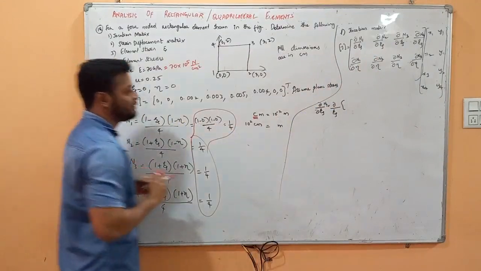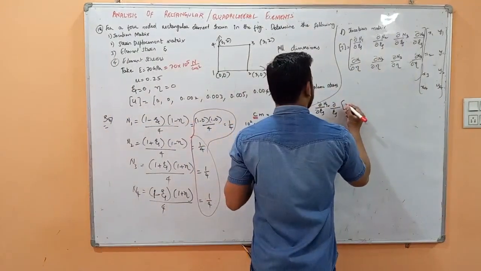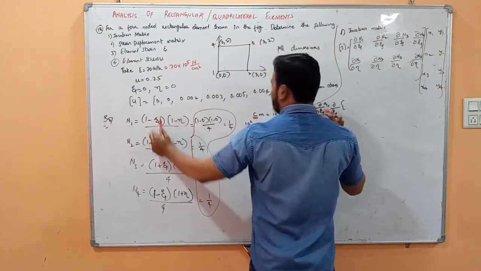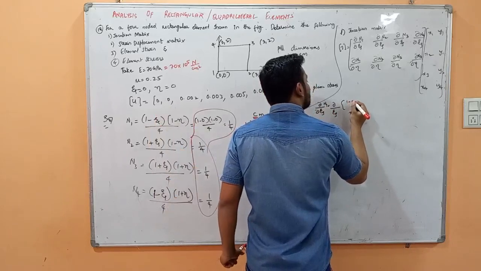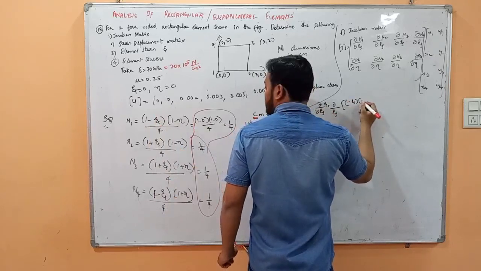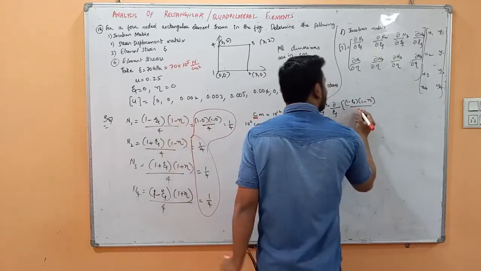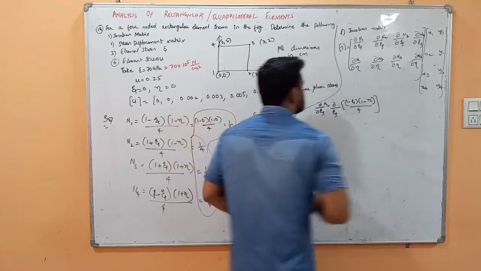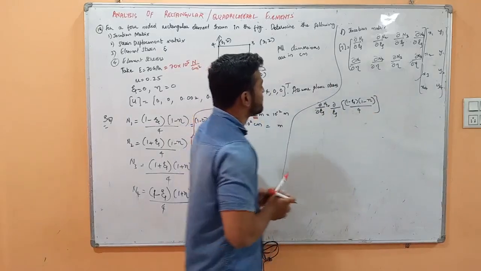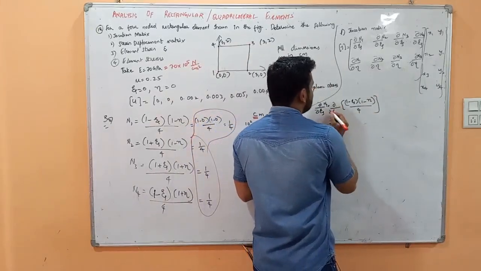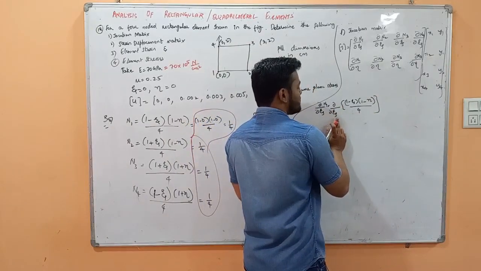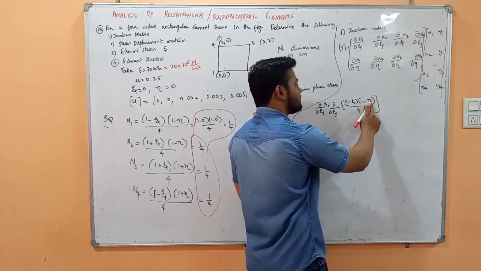So N1 is (1 minus xi) into (1 minus eta) by 4. That is the formula of N1. If we differentiate this with respect to xi, eta will become constant.